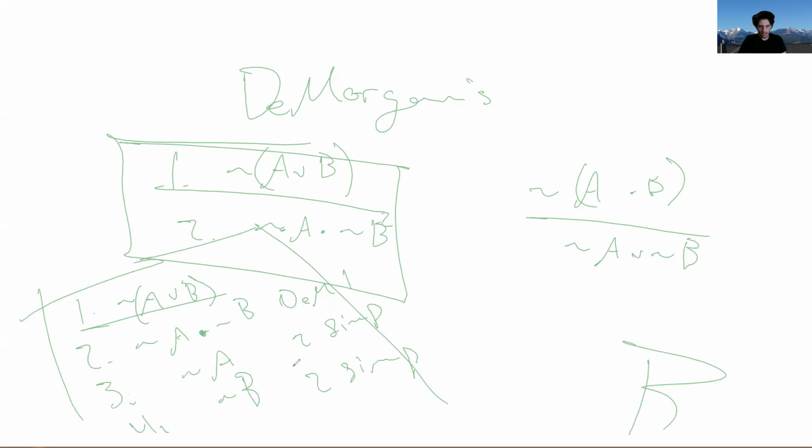Right now it's not clear what we would be doing, but these are just generally good rules of thumb to get started with, because now that sentence is unpacked. Premise 1 is just a big complicated sentence. 3 and 4, that's me saying A is false, B is false. They're going to be much easier to work with than premise 1 is. And so these De Morgan's rules are going to be very important.